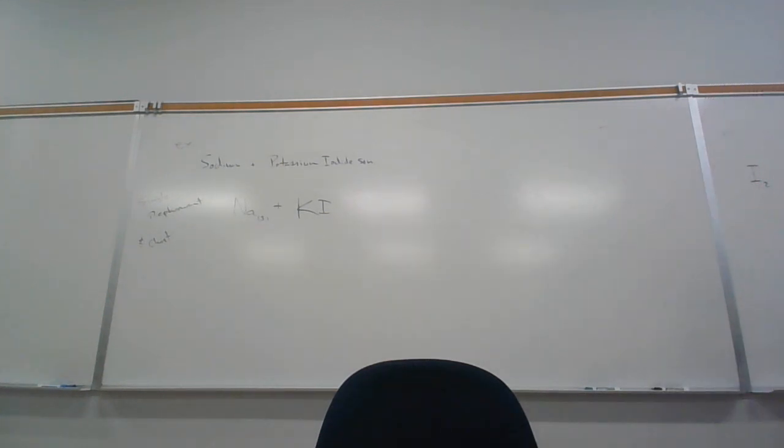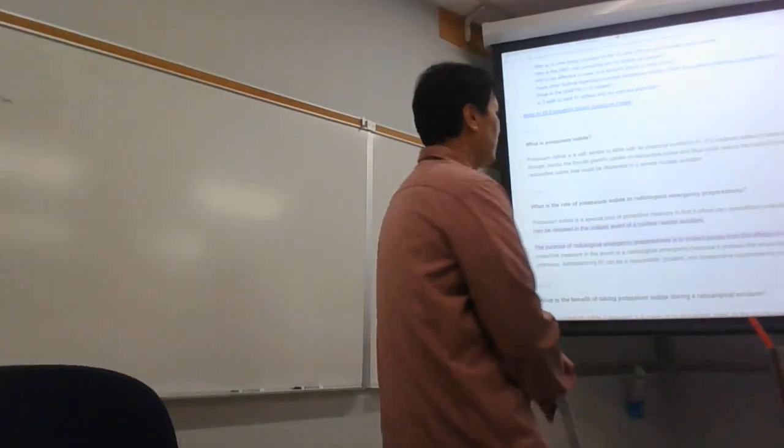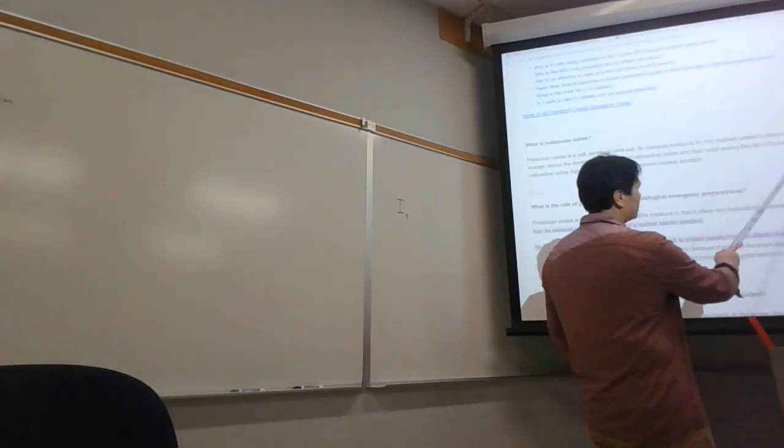Potassium iodide is a salt similar to table salt. Its chemical symbol, actually that's not a chemical symbol, that's a chemical formula. The symbol is just the symbol of the element itself. Its chemical formula is KI. It is routinely added to table salt to make it iodized.